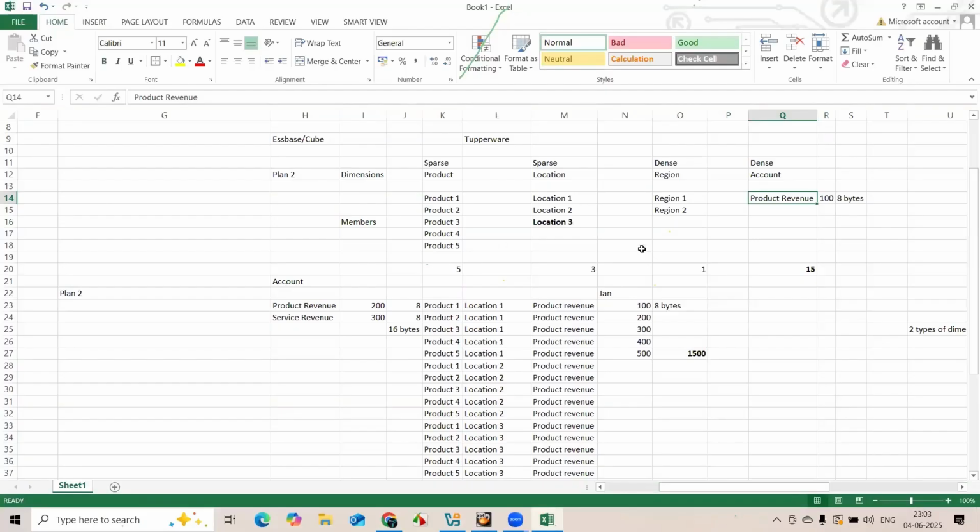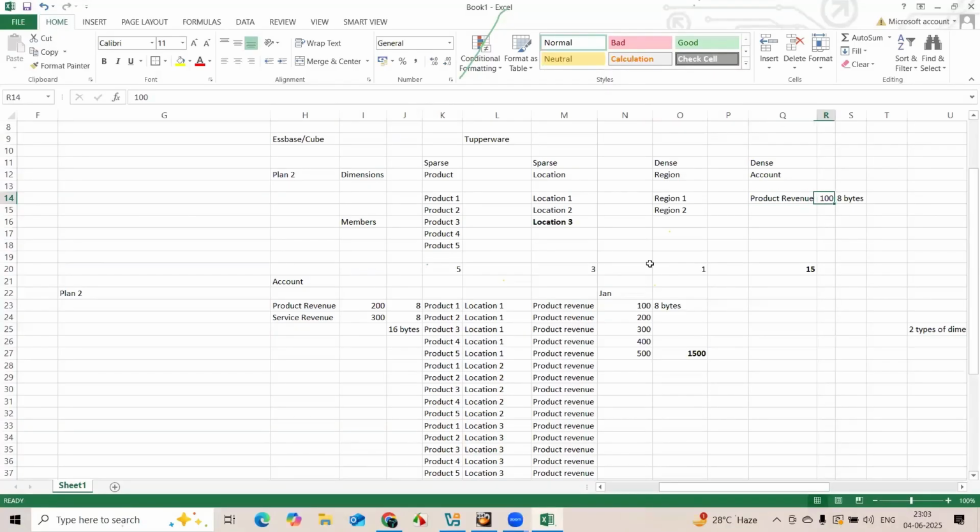So one criteria for choosing, if you can consider a check rule, is that if a dimension is holding maximum data, then you can tag it as a dense dimension.